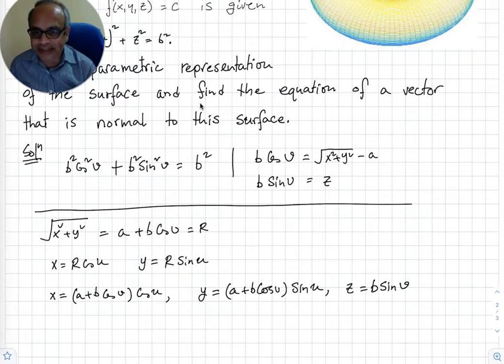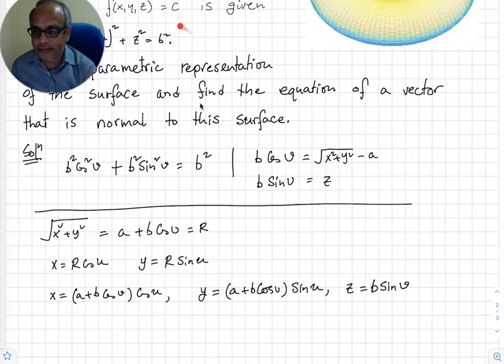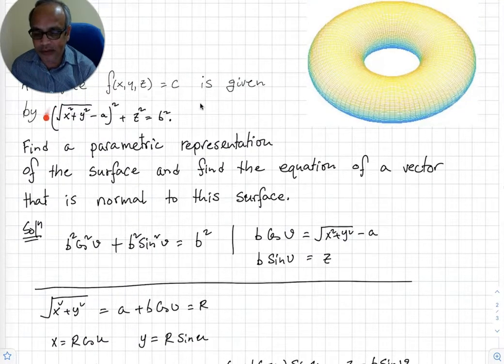All we need to understand is very simple mathematics like trigonometry, sin squared theta plus cos squared theta equals 1. That's all. And what we have done is that we have manipulated the given equation here.